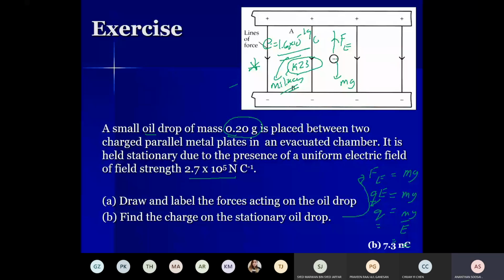You can check online to learn more about Millikan and how he found the charge of the electron. So when an oil droplet is stationary in an electric field, the weight is not neglected. Any questions from this slide? Not much of a tricky one. For the charge of the electron, just make the forces equal, so you can find the charge.